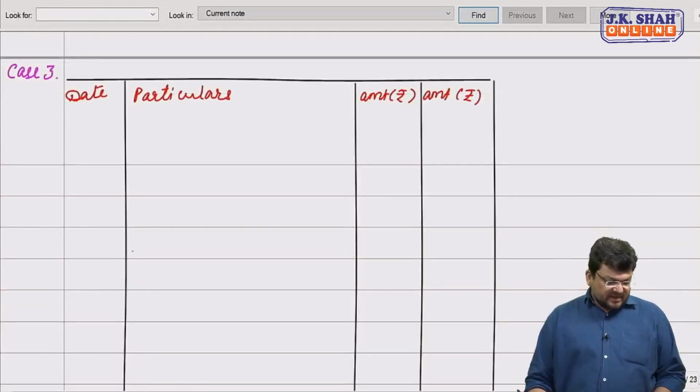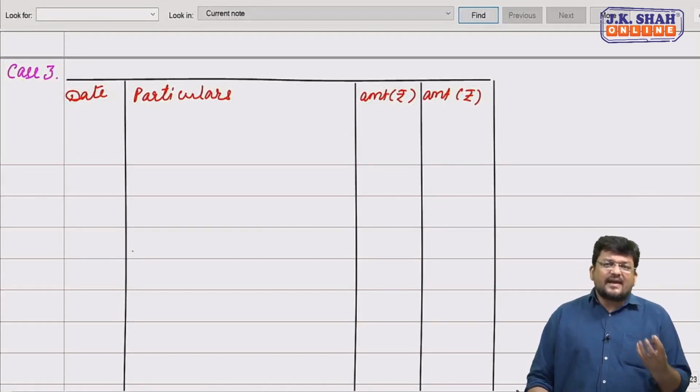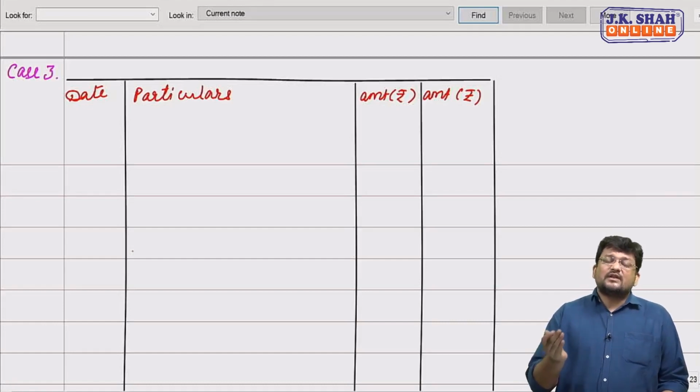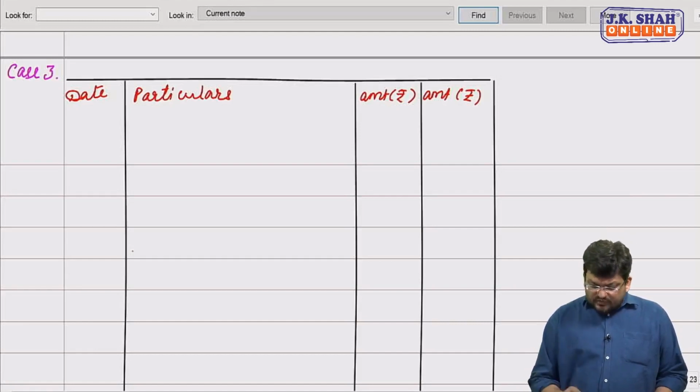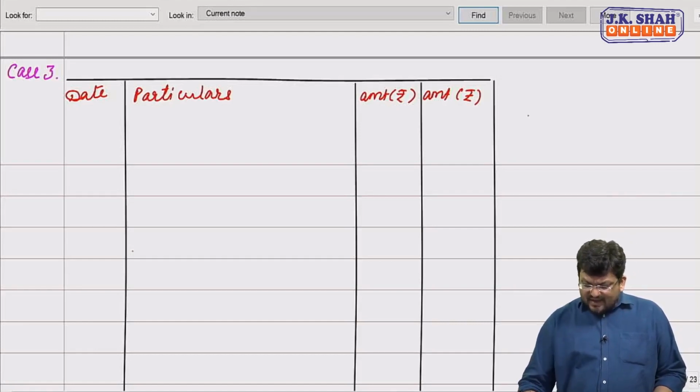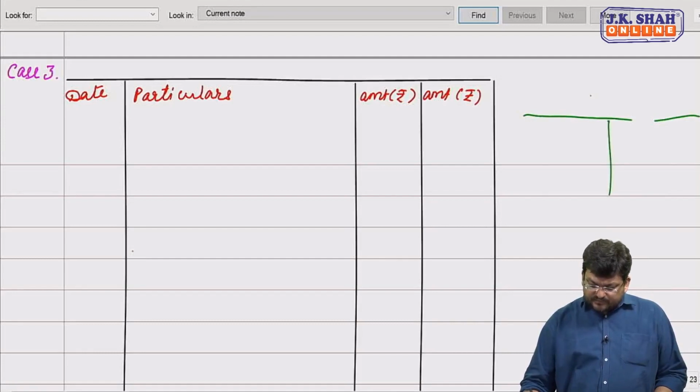Now, in the third case, they are saying the joint life policy appears in the balance sheet at a surrender value of 10,000 along with joint life policy reserve. So they have created an asset by the name joint life policy in books, and they have also maintained a joint life policy reserve. The reserve helps to write down JLP to bring JLP up to its surrender value. So we would say in this case, we are having two balances in our books.